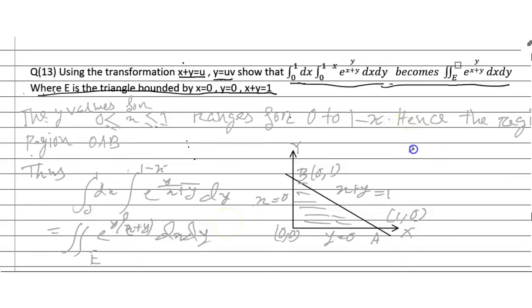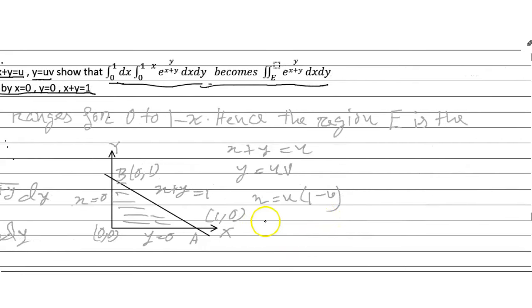So x plus y equals to u and y equals to uv, and x equals to u into 1 minus v, and y is equal to uv.